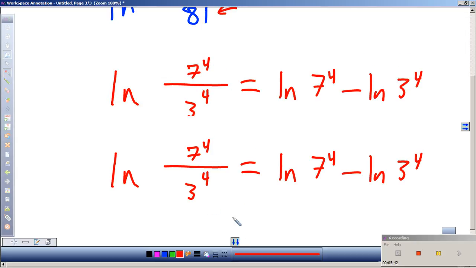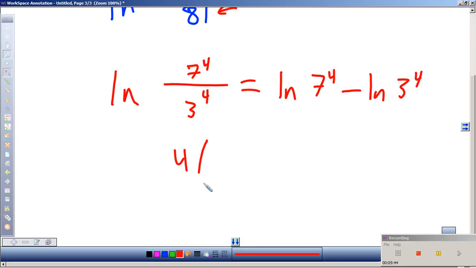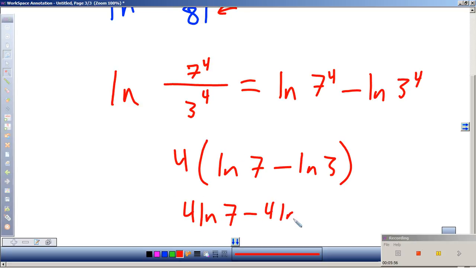Yeah, we're going to pull the 4 out front. And note, I can put it out here, 4 times ln 7 minus ln 3. Or there's two different ways I can do it. I can either put it there or 4 ln 7 minus 4 ln 3. These two are equivalent. One has a 4 factored out, and it won't matter which one you did.